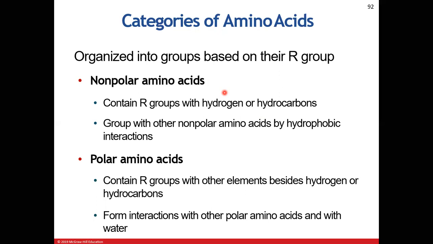They're going to be grouped typically with other nonpolar amino acids by hydrophobic interactions. Now, we also have polar amino acids, and their R group typically is going to contain other elements besides hydrogen or carbon. Because they're polarized, they are going to form interactions with other polar amino acids and with water.